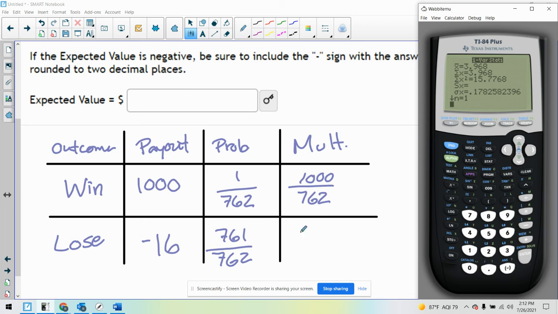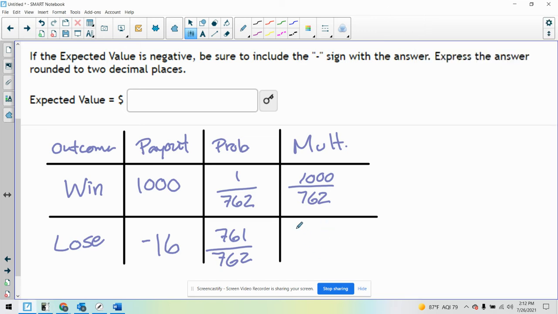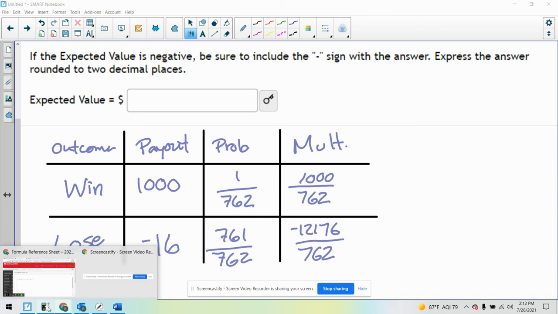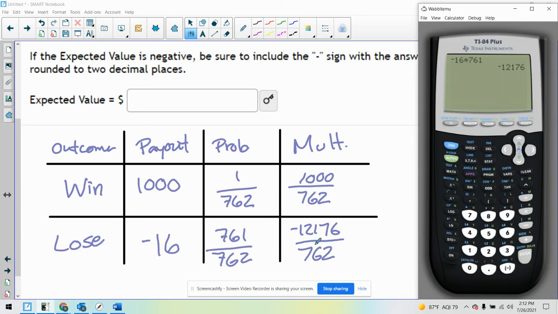And this is going to be negative 16 times 761, negative 12,176 over 762. Then you can just add this multiply column up and get your final answer.